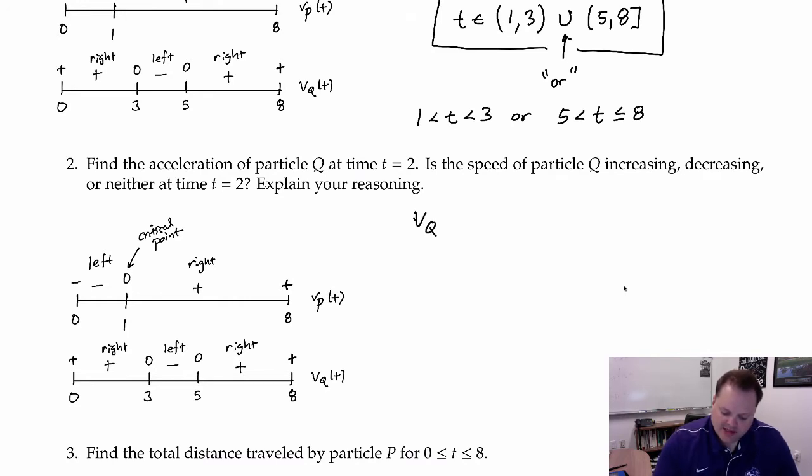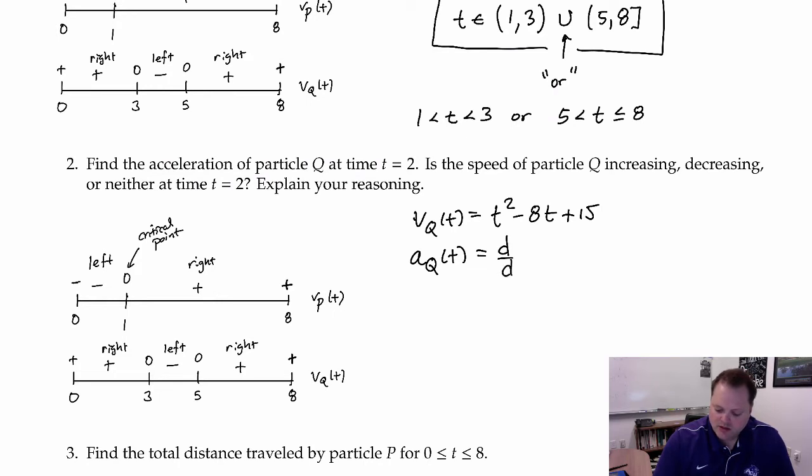We know the velocity of particle q is t squared minus 8t plus 15, which means that the acceleration of particle q is the derivative of velocity. Remember, the derivative of velocity is acceleration. So this is just a simple power rule. We get 2t minus 8, or 2 times (t minus 4).